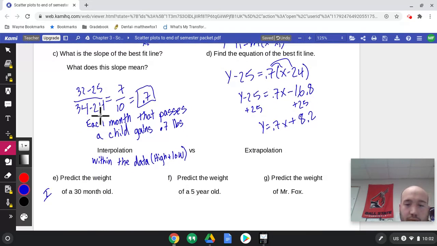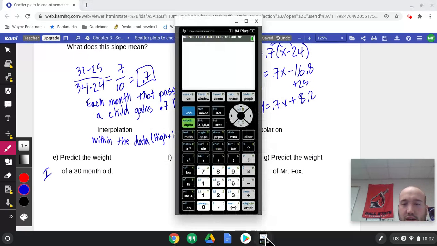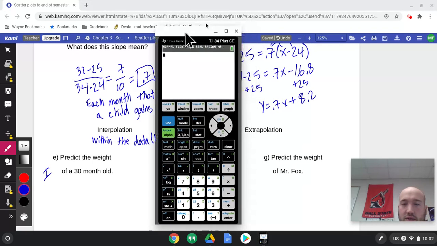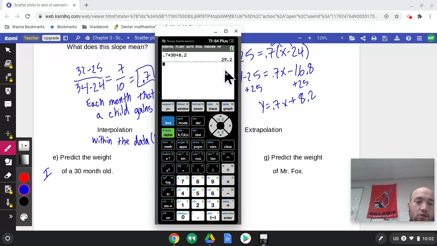If we were going to interpolate this, we would take our calculator and use this equation here. So 0.7, then we'll times it by 30 because that's how many months it is, and get our answer plus 8.2. And this should give us a good prediction. So 29.2 pounds.